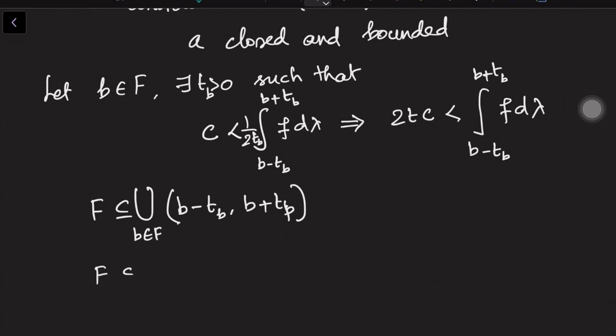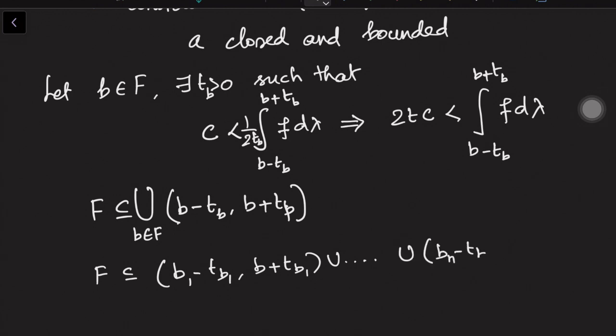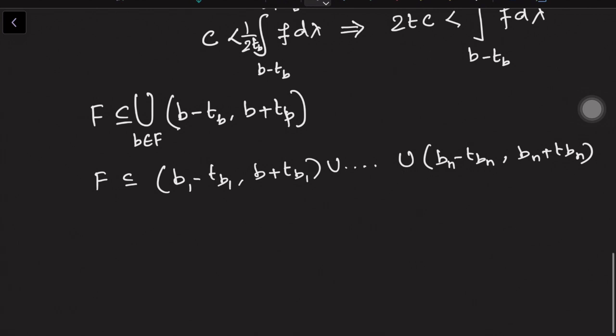So call that finite subcover as follows: F is a subset of the union of the intervals B1 minus t_B1 to B1 plus t_B1, up to Bn minus t_Bn to Bn plus t_Bn. This is by compactness of F.